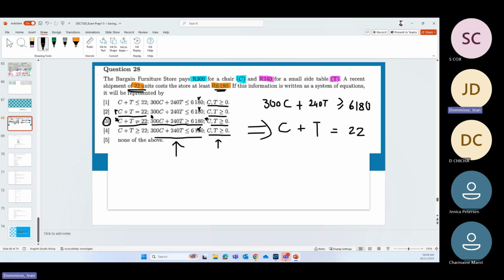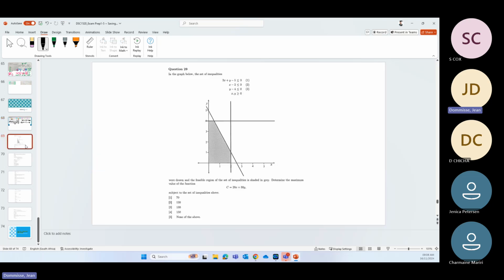And then if we choose between those two, the next step is to choose between at least or at most. Okay. So that was a system of equations that you needed to write out of a word problem that was given.